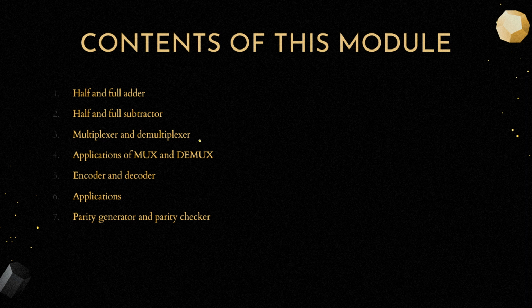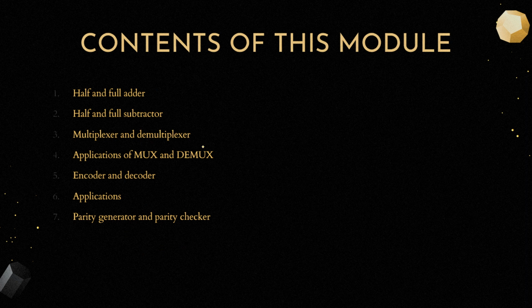Then we'll talk about multiplexer, demultiplexer, and how they're used to simplify Boolean expressions. Then we'll talk about encoder and decoder, and similar to mux, how they are also applied in day-to-day circuits. And the last topic is parity generator and parity checker. We'll talk about both even and odd parity.